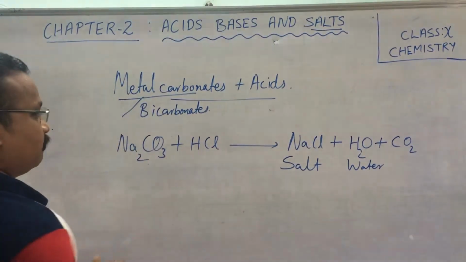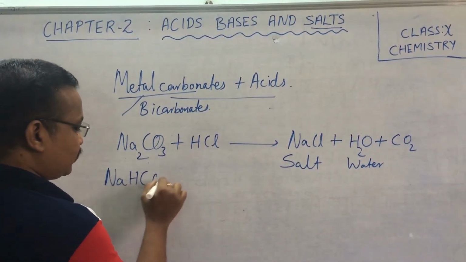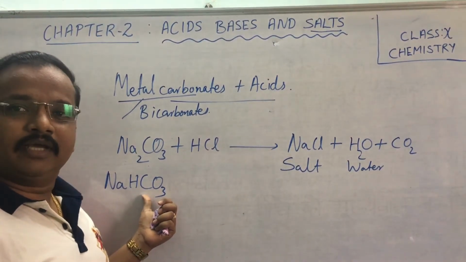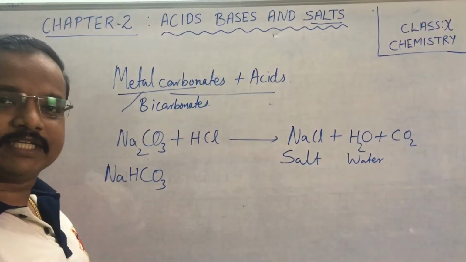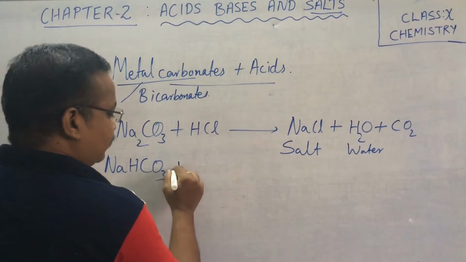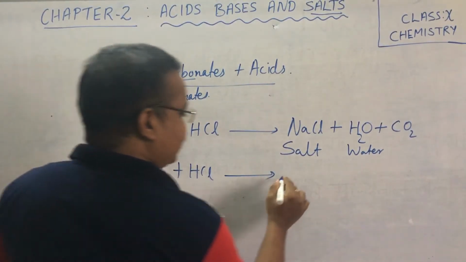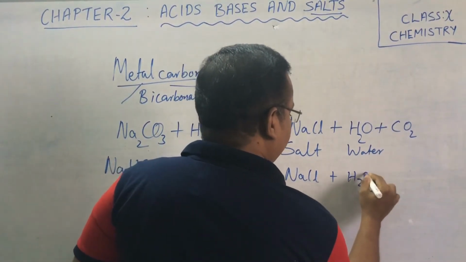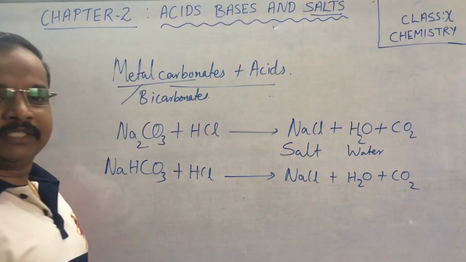Let us take now bicarbonate. Sodium bicarbonate, NaHCO3. This NaHCO3 is an example of sodium bicarbonate, or you can also say hydrogen carbonate. On reacting with HCl, they will also produce a similar case, that is NaCl plus H2O plus CO2. Okay, children.